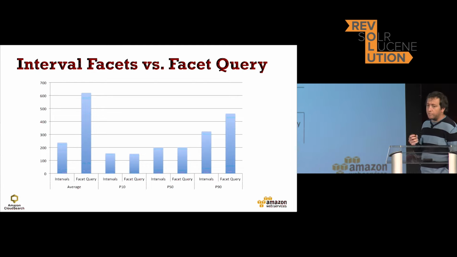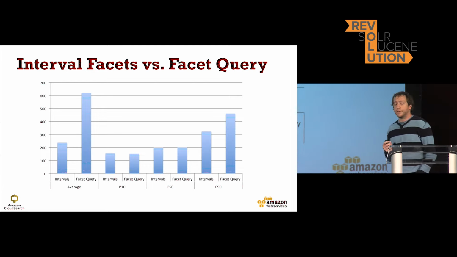The reason why we implemented this instead of using facet query is that it works much better in most cases. If you are in the static case, the filter is fine, but in the other cases, it's not that good.